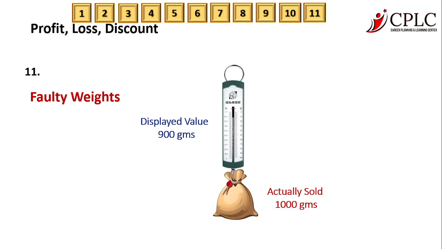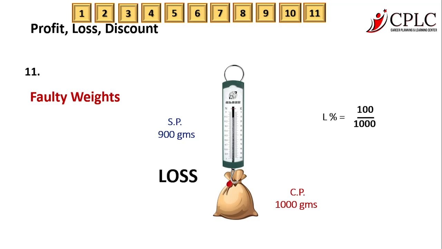The loss of shopkeeper is 100 grams on every 1000 grams, on every 1 kilo, because 1 kilo is the actual weight and it should be in the denominator. 1000 से डिवाइड करना है 100 को, तो 100 डिवाइड बाई 1000 फ्रैक्शन हो जाएगा, जीरो जीरो उड़ा के 1/10. 1/10 is 10%. So it's a loss of 10% for the shopkeeper in this particular transaction. तो आंसर ऑप्शन 1 हो जाएगा क्वेश्चन नंबर 11 के लिए.